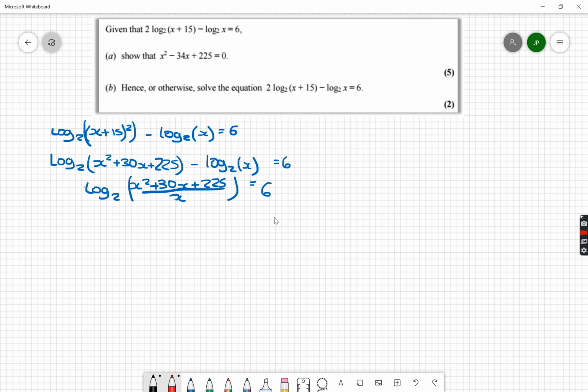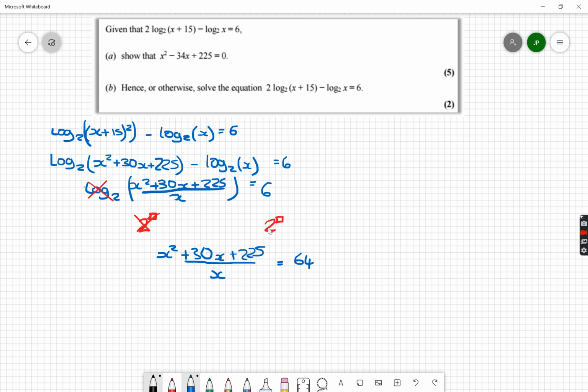Okay, so I now need to get rid of my log base 2. Inverse it, so it's going to be 2 to the power of each side, because that will then counteract the log base 2. So I'm going to have x squared plus 30x plus 225 all over x is going to be the same as 2 to the power of 6, which is going to be 64.